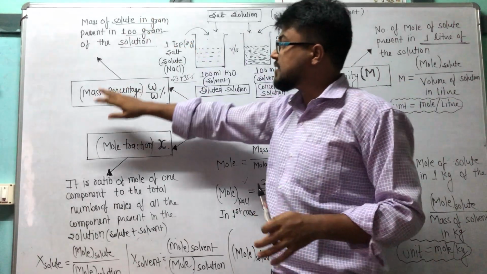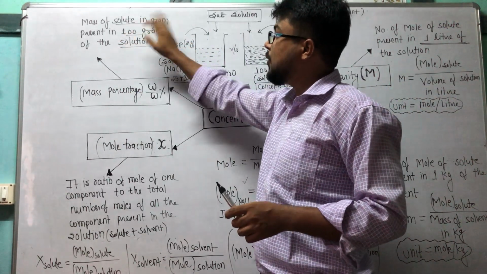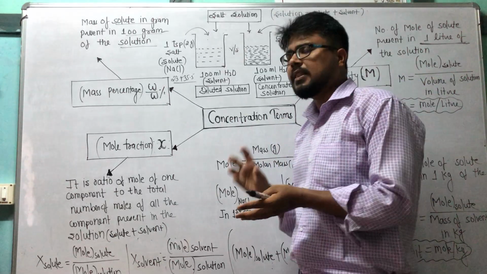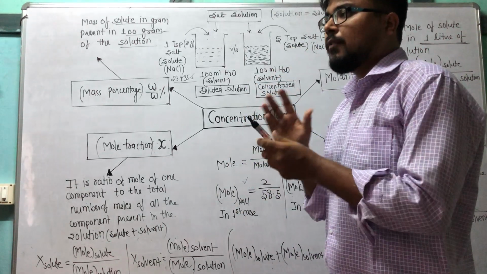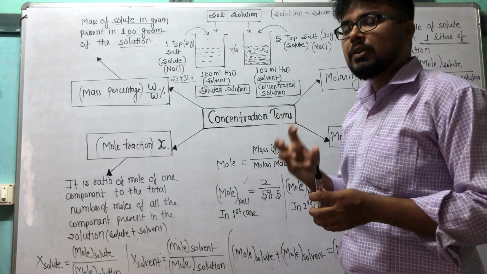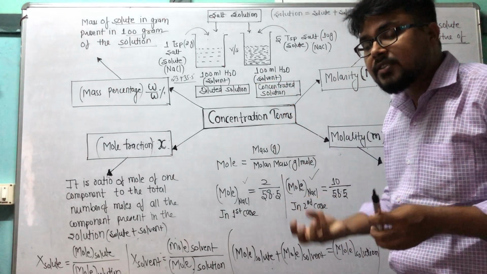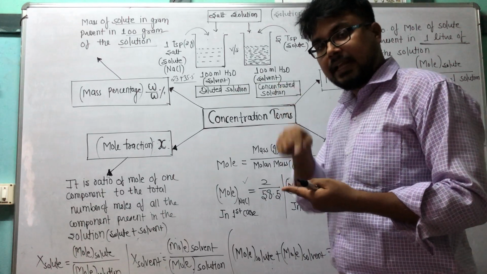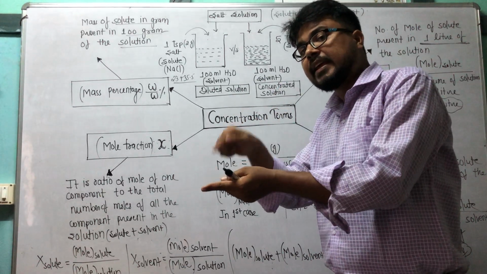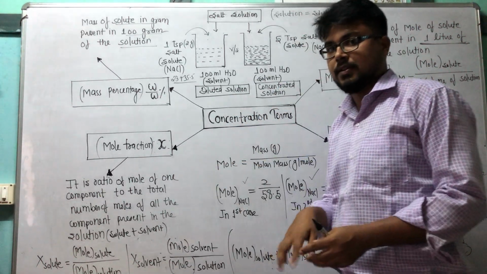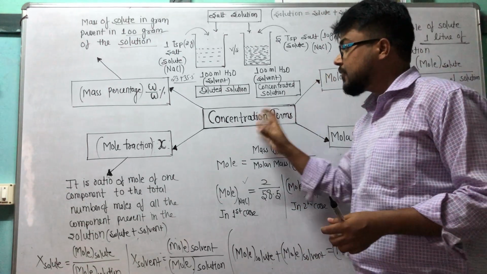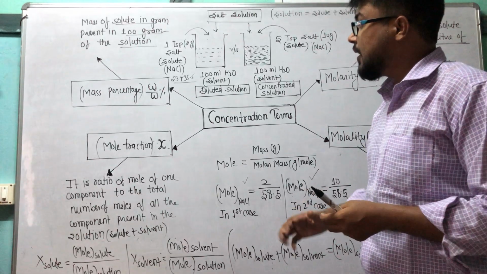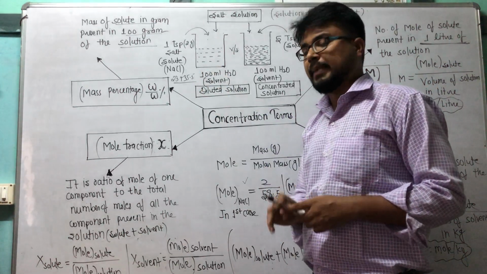In case of mass percentage, mass of solute in gram present in 100 gram of solution. So it is the deciding factor for that particular amount of solute added in solution, whether in mole or in gram, or added in solute or solvent. We will calculate the exact strength of solution using these 4 parameters.